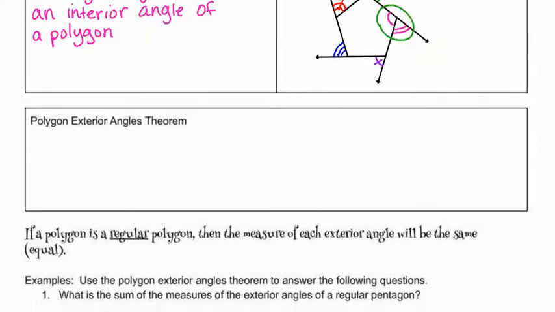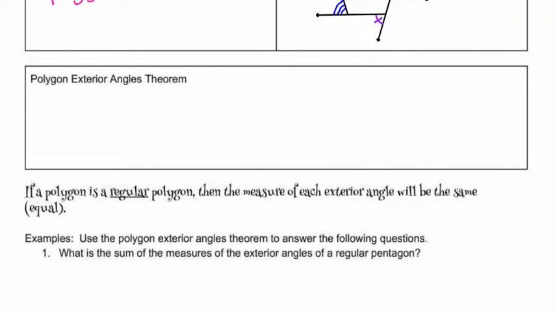All right, so the exterior angles theorem for polygons, one of the easiest theorems ever. The sum of the measures, not that anything we've done today has been too terribly difficult, I hope.